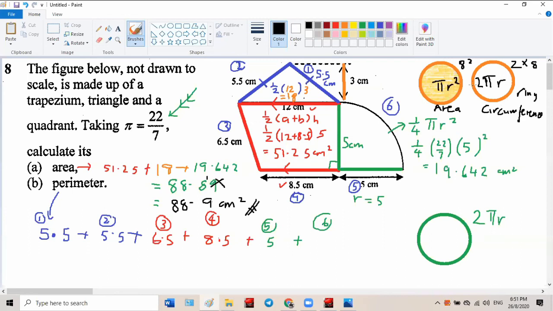So after you agree to marry him, he must ask your mother for permission first, right? Then he goes to your mother. He must bring what? Because Chinese people, when you get married, you must give a dowry. Understand? So which one should he bring? Pi r squared or 2 pi r?